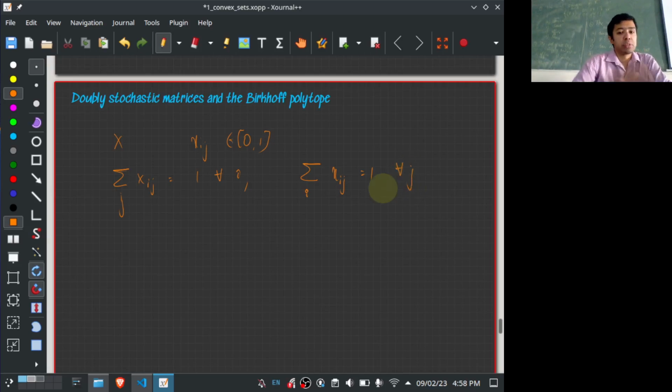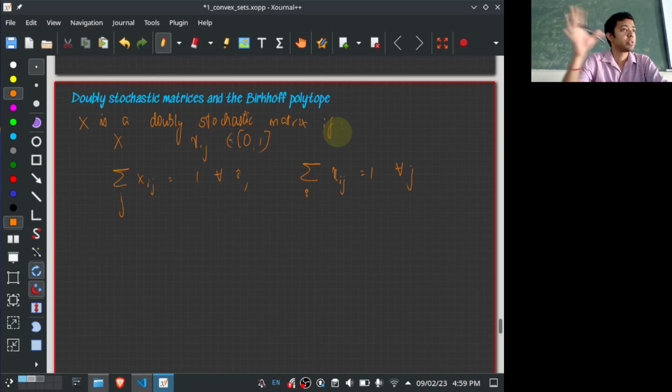Any matrix which satisfies these constraints is called a doubly stochastic matrix. Doubly stochastic matrices arise in a number of applications, most particularly when you deal with Markov chains.